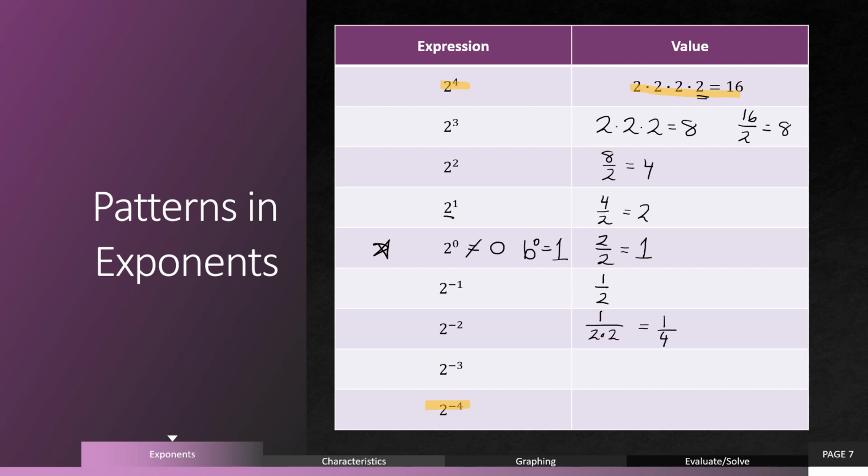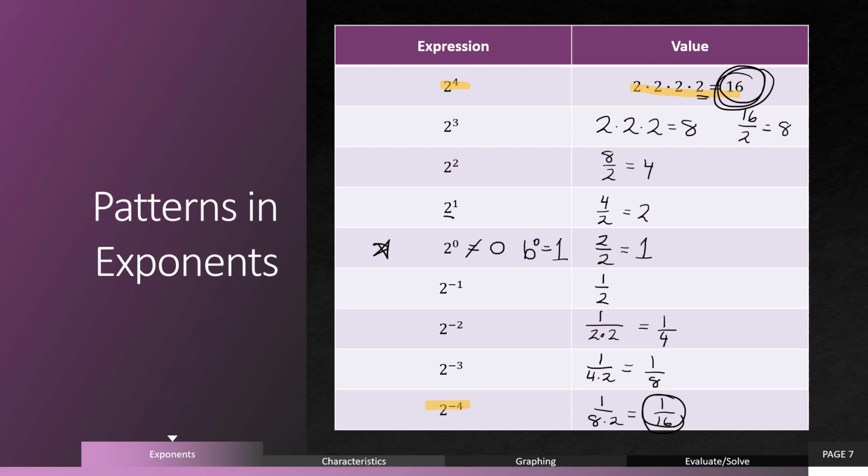To divide by 2, I can just keep doubling this denominator. By doing it this way, that gives me 1 over 8. And 1 over 8, double the denominator, gives me 1 over 16. Notice this answer here, 16 and 1 over 16.